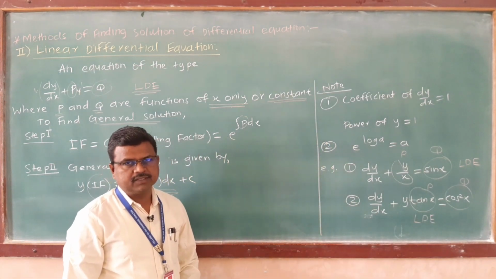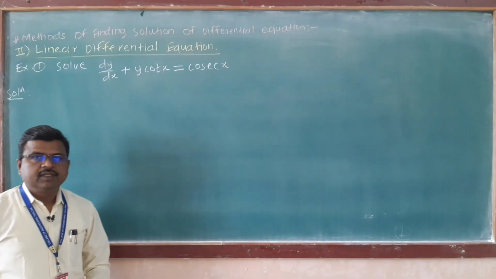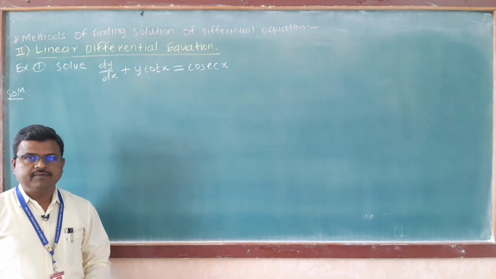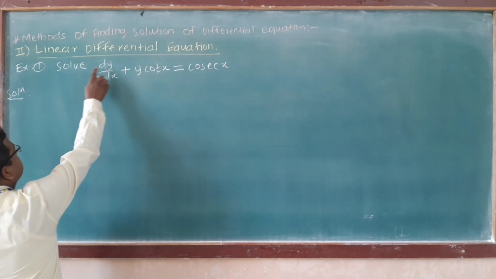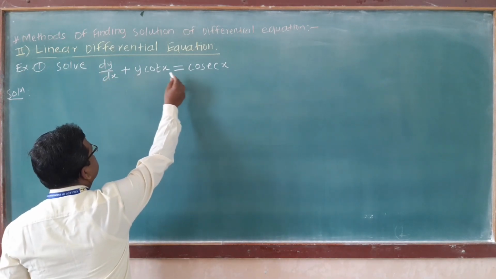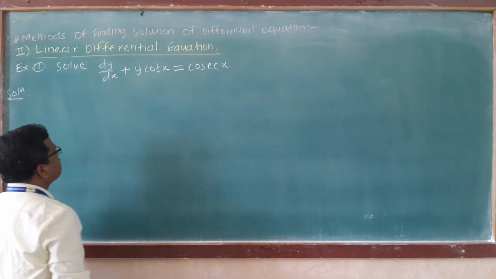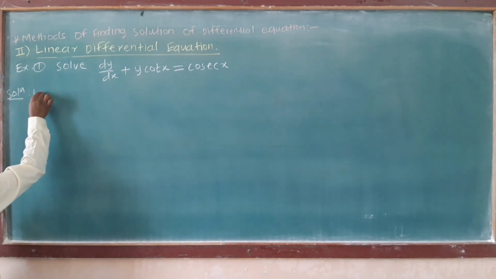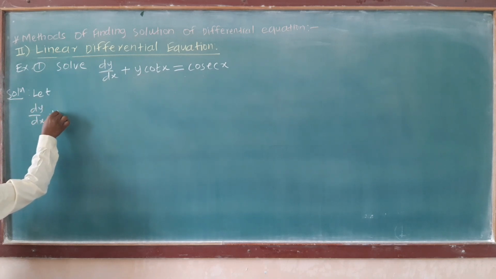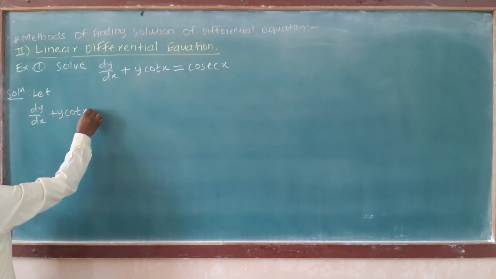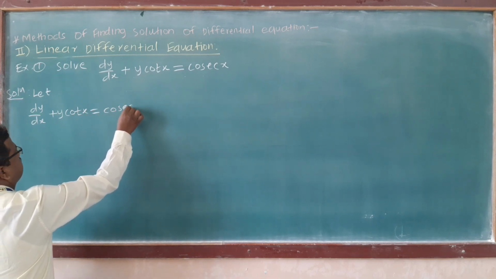Now we see the examples. Now see how to solve linear differential equation. See this example. Solve dy by dx plus y into cot x is equal to cosec x. So let's call this equation number 1, dy by dx plus y into cot x is equal to cosec x.